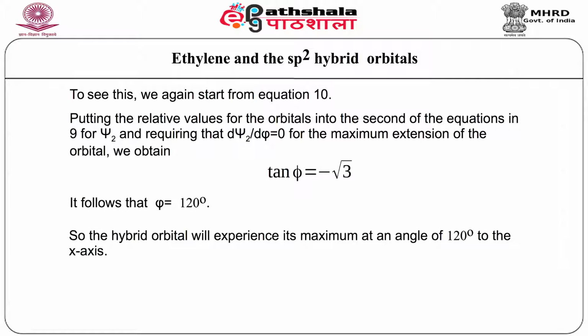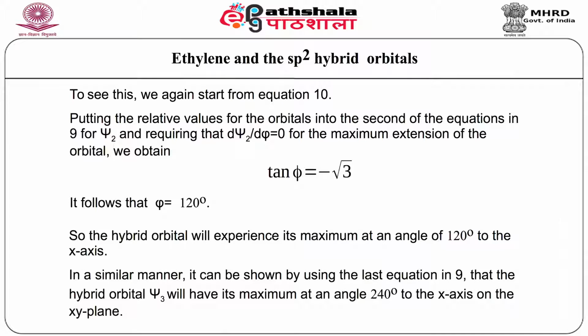So the hybrid orbital will experience its maximum at an angle of 120 degree to the x-axis. In a similar manner, it can be shown by using the last equation in 9 that the hybrid orbital Ψ3 will have its maximum at an angle 240 degree to the x-axis on the xy plane.